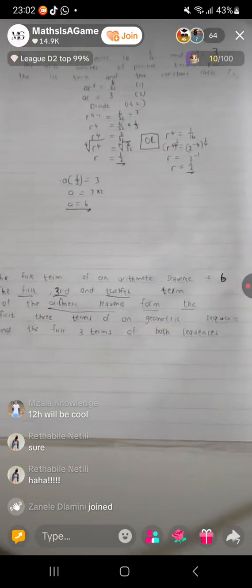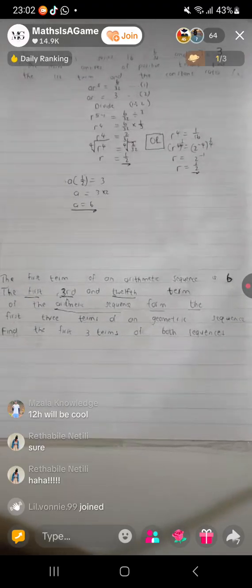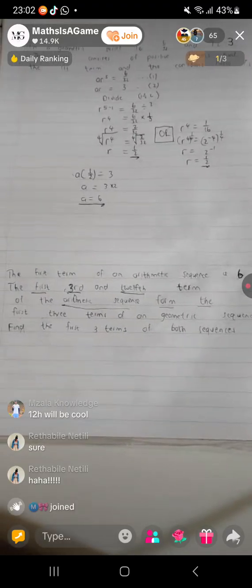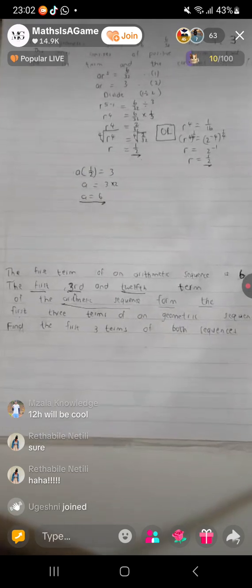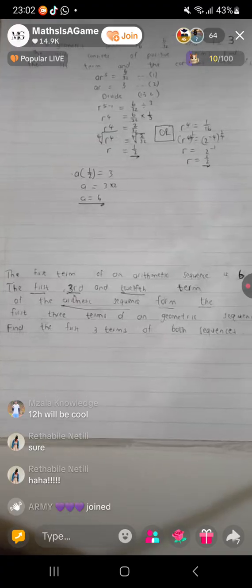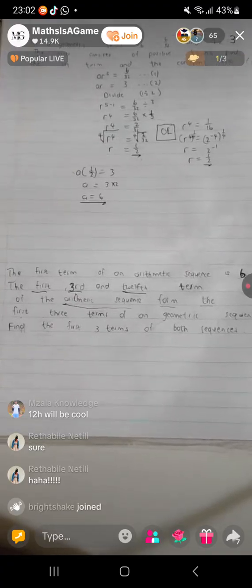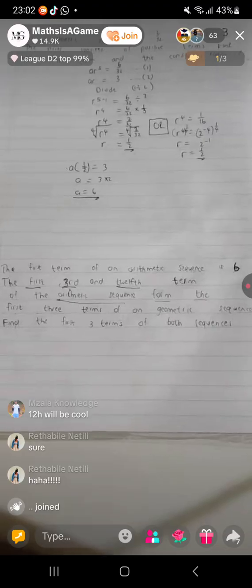And yes, 7 good marks. The first term of an arithmetic sequence is 6. Then they move on to say the first, third, and 12th term of the arithmetic sequence actually form the first 3 terms of a geometric sequence.